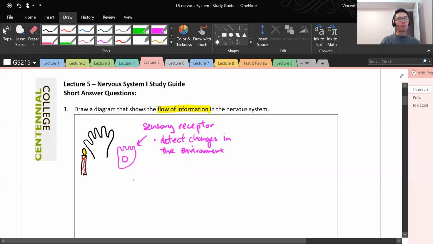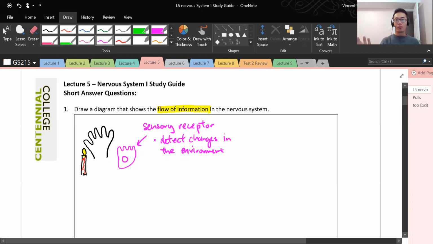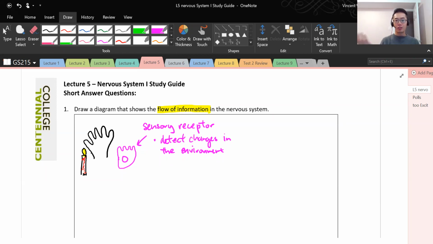Okay, now it's not possible for me to write down everything that I said. We will run out of space and time. So I'm going to say it one more time. The sensory receptors usually detect one thing only. So if I have a thermal receptor, it will be responsible for detecting change in temperature. If I have a pressure receptor, then it would be responsible for detecting changes in pressure.